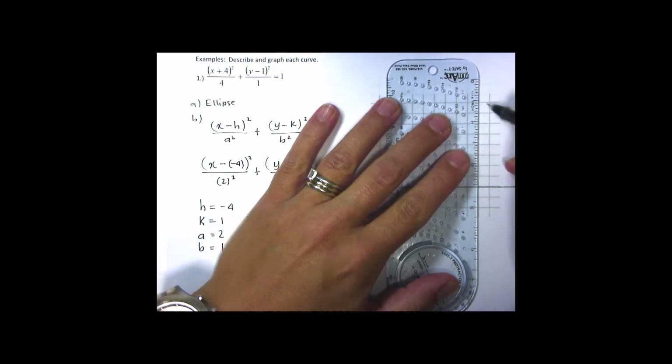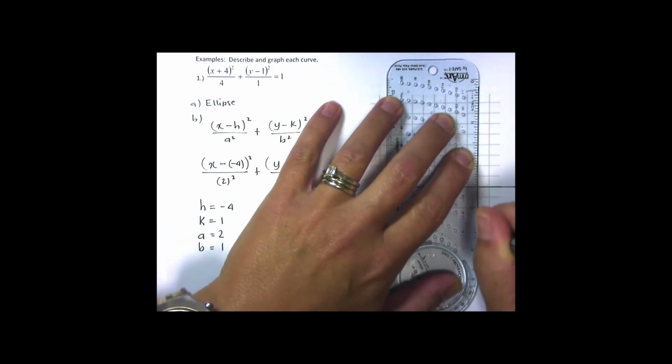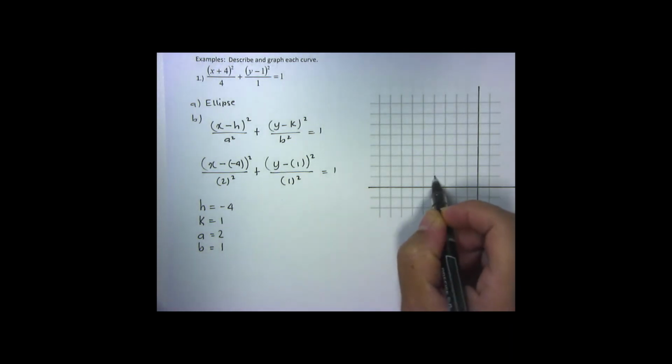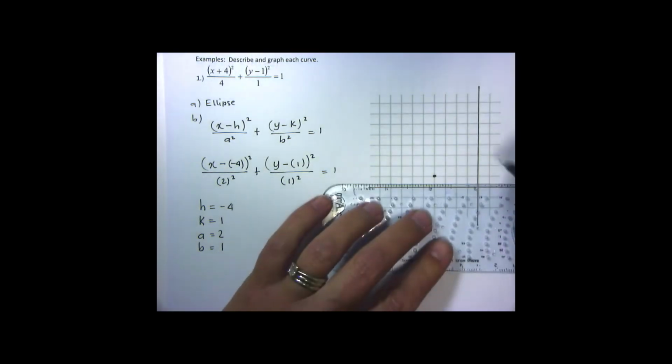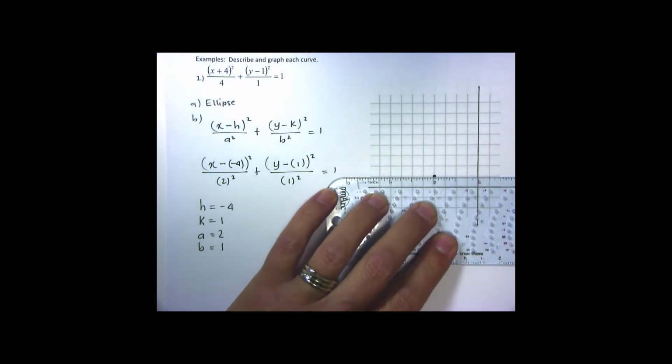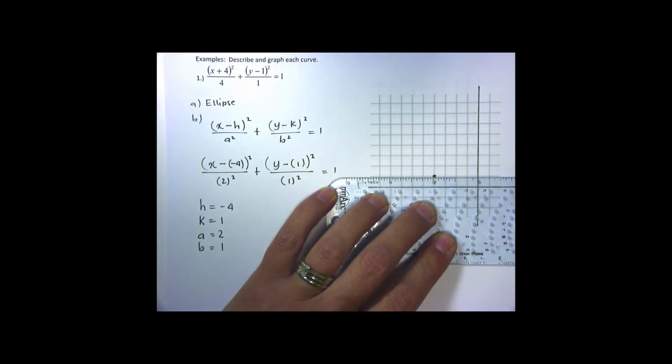I'm going to draw my axes over here. Here's my XY axis. So my new center is going to be the center (h, k), the point (negative 4, 1). So negative 1, 2, 3, 4, 1. This will be the center of my ellipse. a is equal to 2, so that's my major axis. It'll go from negative 4 to negative 2, so let me draw this as a dotted line.